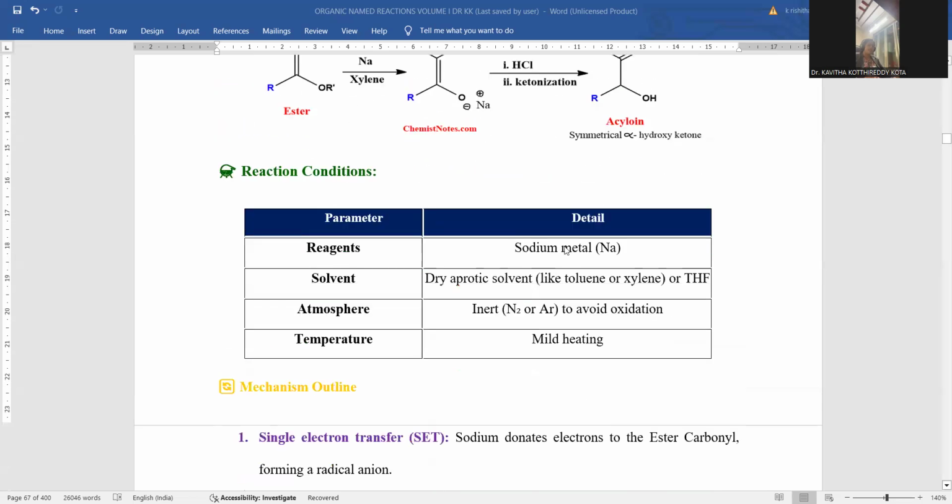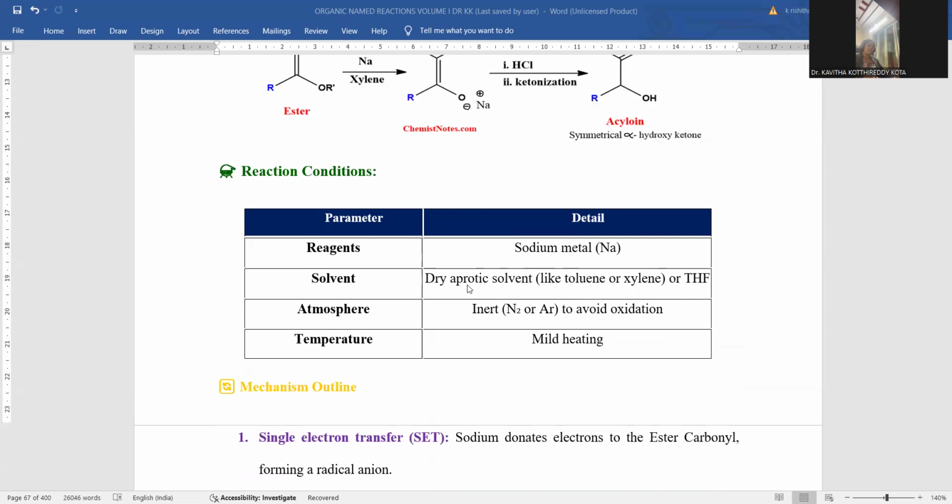So here the reagent required is metallic sodium, and the solvent is a dry aprotic solvent like toluene or xylene, purely hydrocarbon, non-polar in nature. Tetrahydrofuran is also a suitable solvent to blend all the reactants.